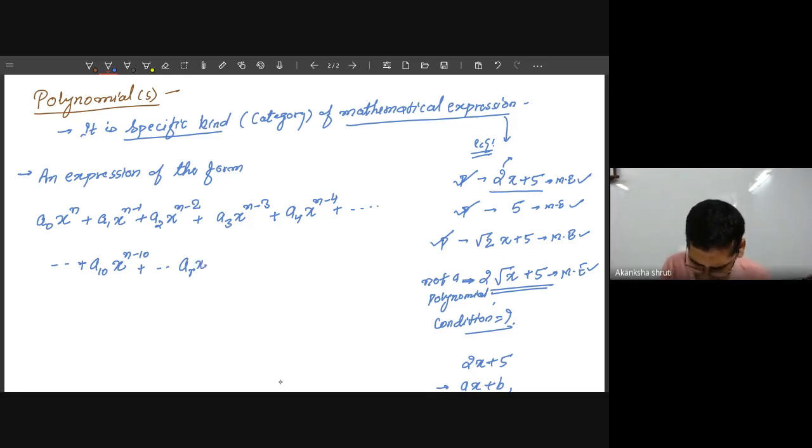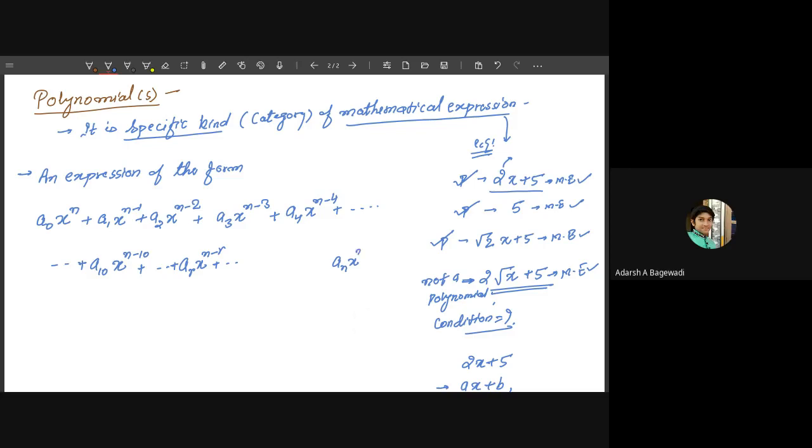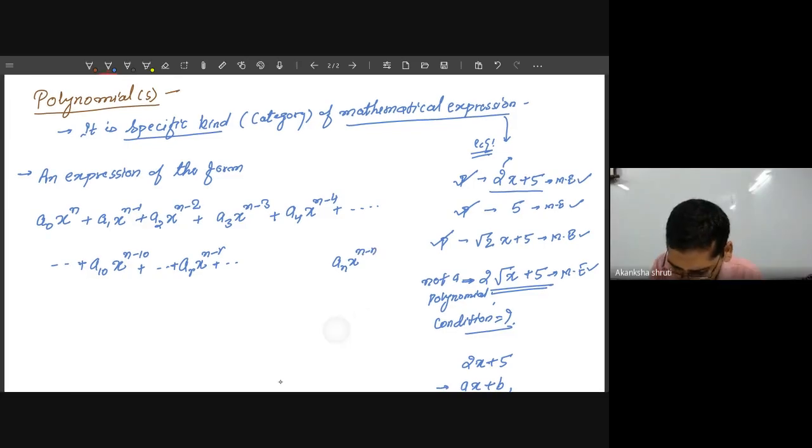Very good. What will be the next term? r will also increase by 1, r plus 1. A student, if I am going to take an itself, what will be the power of this x? Yes, tell me. n minus n. Very good. It becomes n minus n.